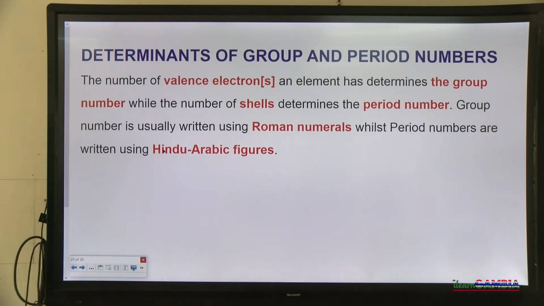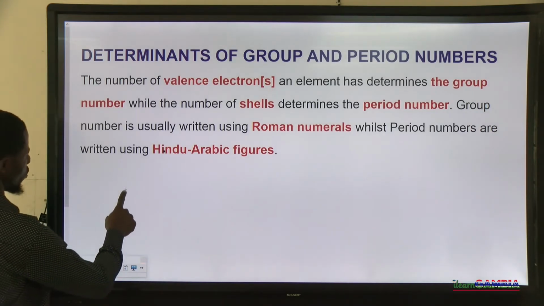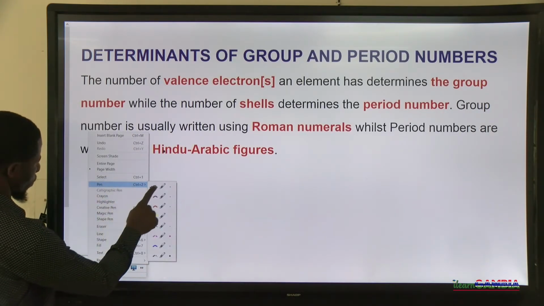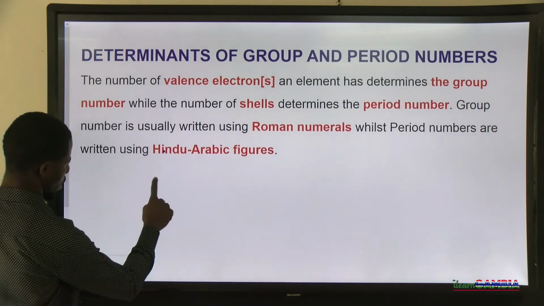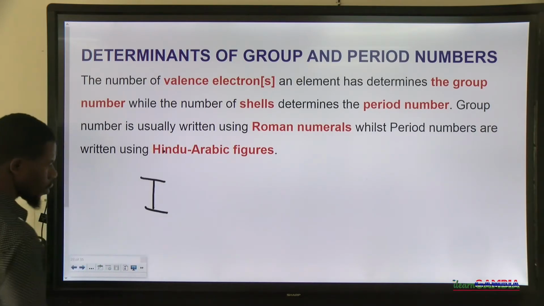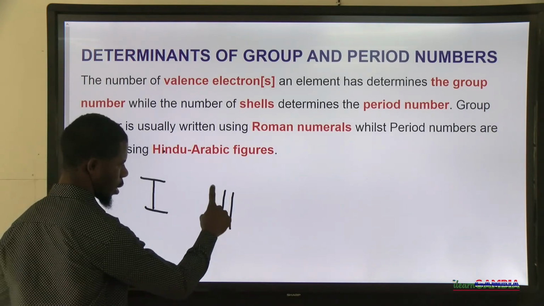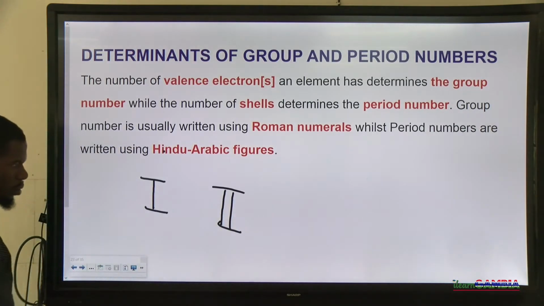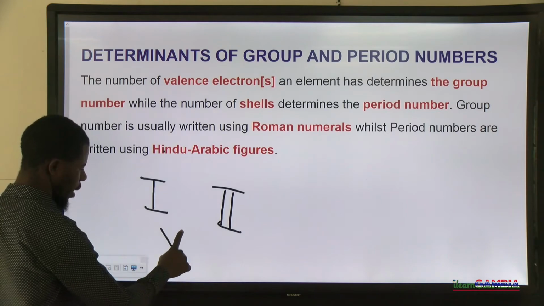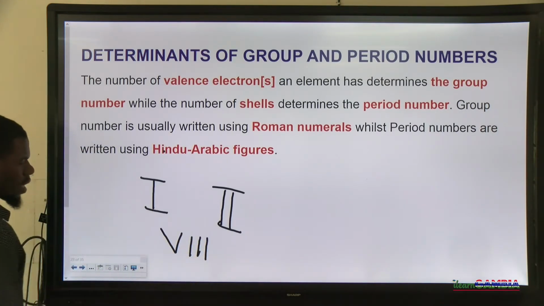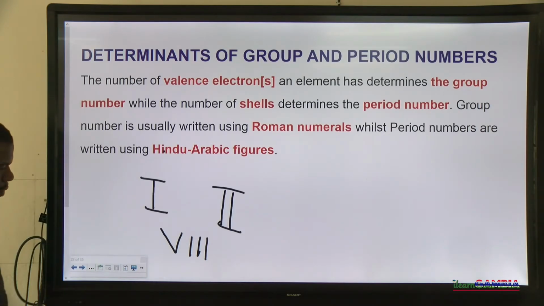When we want to represent the group numbers of elements in a periodic table, we use Roman numerals such as capital I for group 1 elements, capital II for group 2 elements, and VIII for group 8 elements.